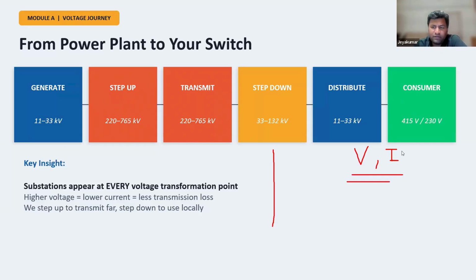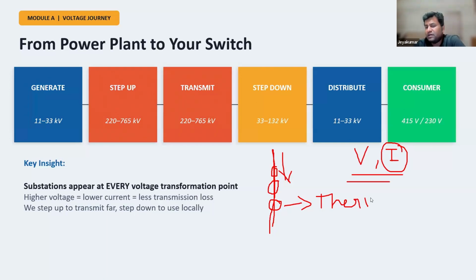Always think: when current flows through the conductor, the conductor should be able to handle such a current. The current impacts the thermal capability of the conductor.